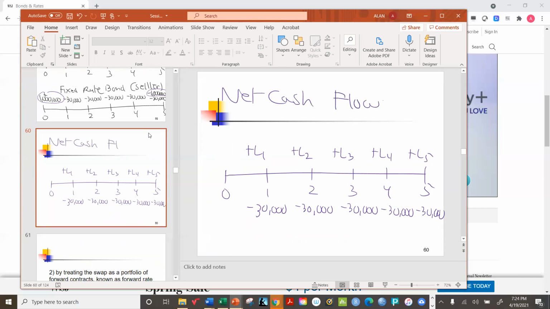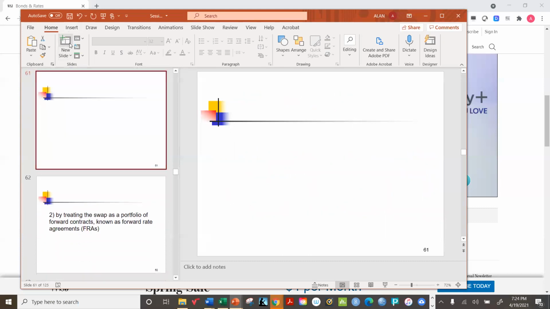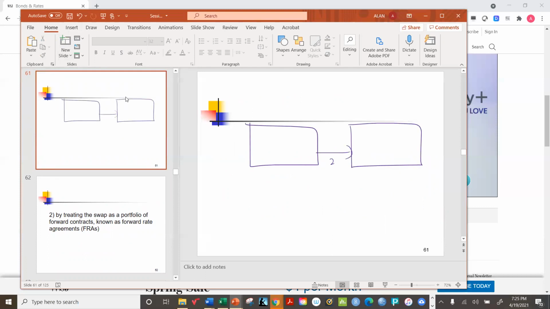And this is exactly what we mean by a fixed for floating rate swap, where we are the fixed rate payer and the floating rate receiver. Us and them. All right, no, it's our corporation and the dealer.